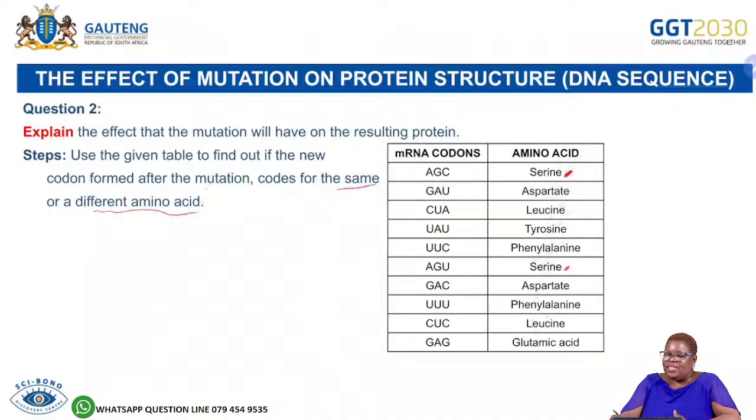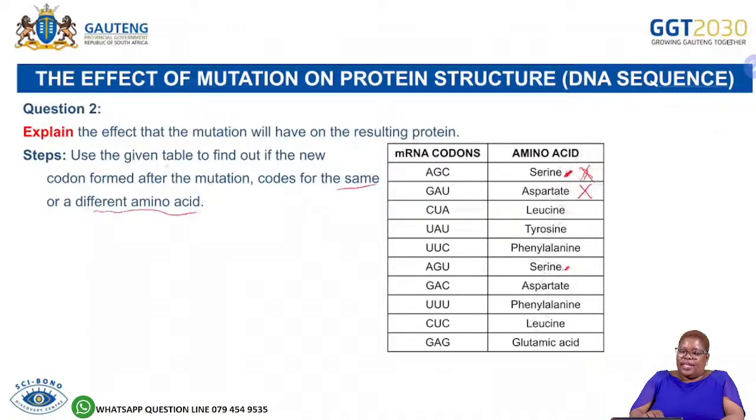So if we've got the same amino acids being formed when mutation has taken place, what does that mean? That should be the question that you ask yourself. If, for example, the first one is serine and the second one is different, what does it mean? I gave both scenarios.